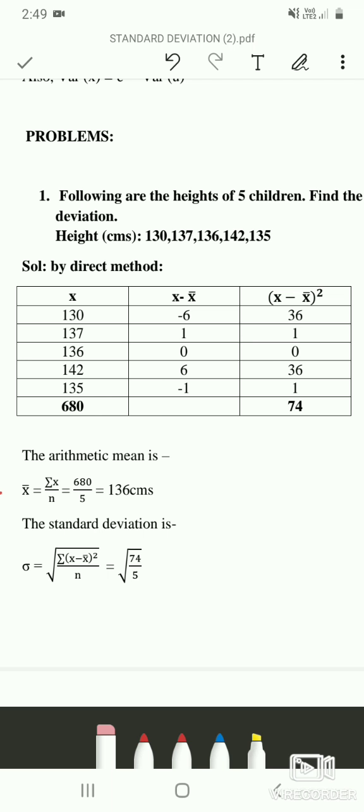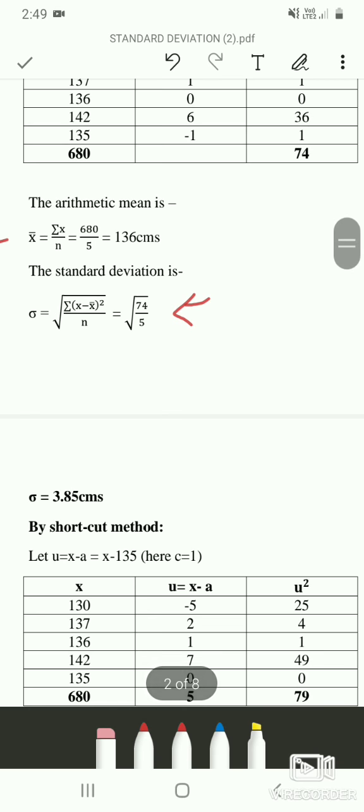We have got all the terms to be used in the formula. Therefore the standard deviation is the square root of 74 divided by 5, where 5 is your small n. When you simplify, we get the standard deviation as 3.85 centimeters.